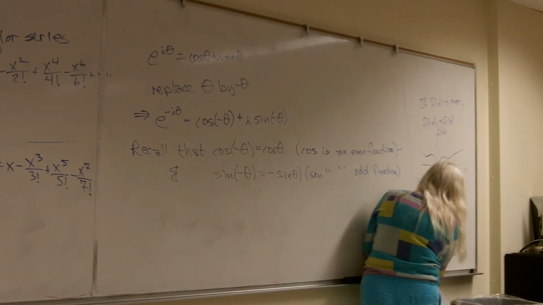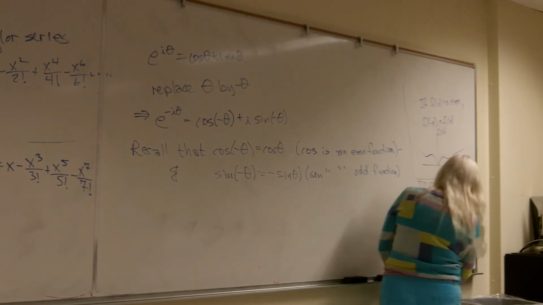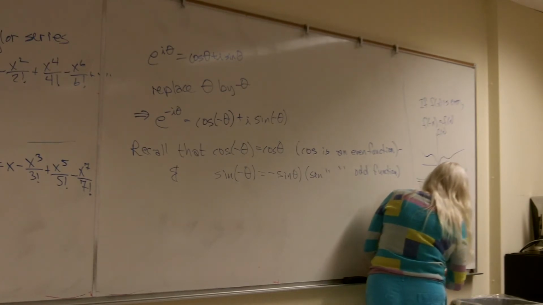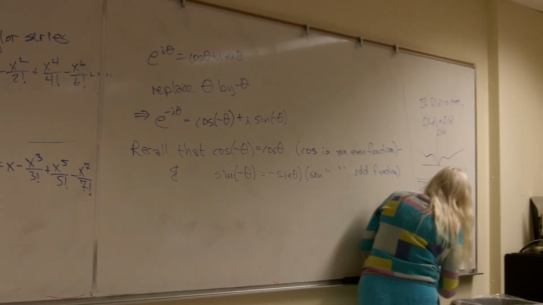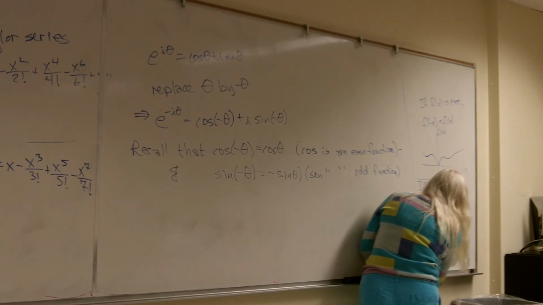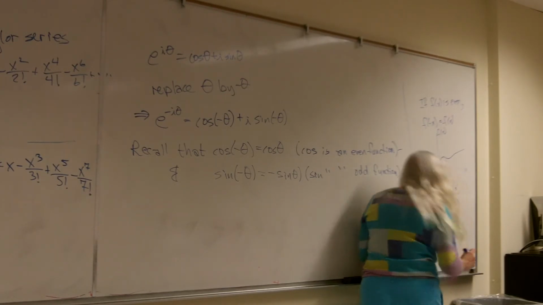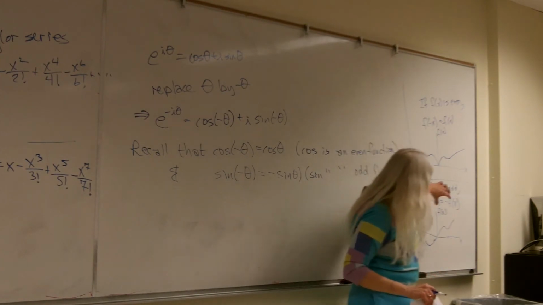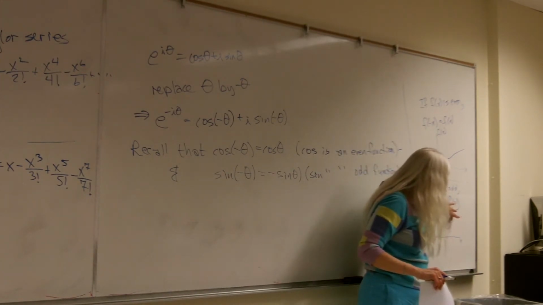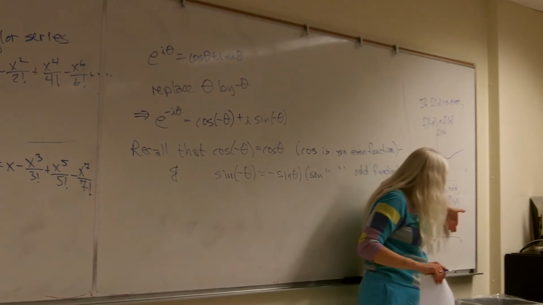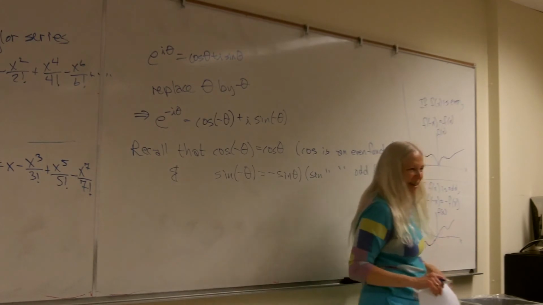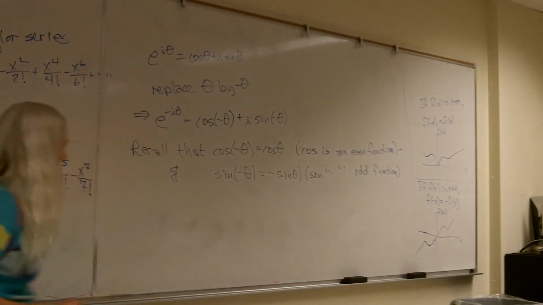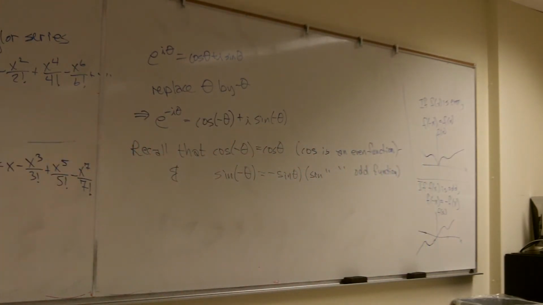So in other words, it looks something like that. So in other words, if I look at the function over here for positive values of x, fold it over, but then fold it upside down to get what the function looks like for negative values of x. Okay, sine behaves like that.